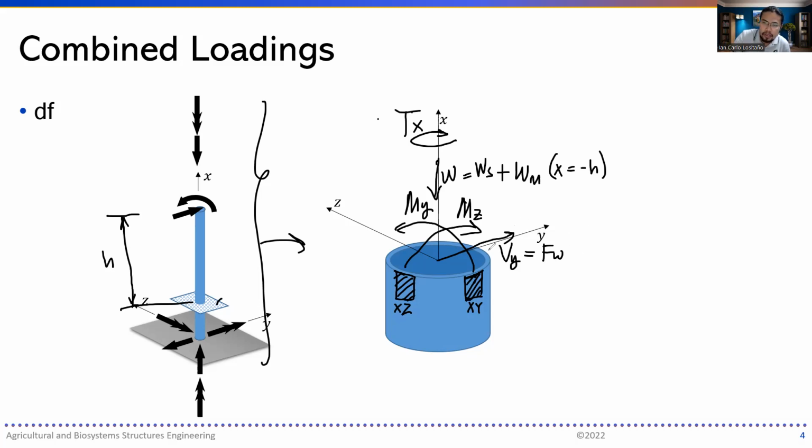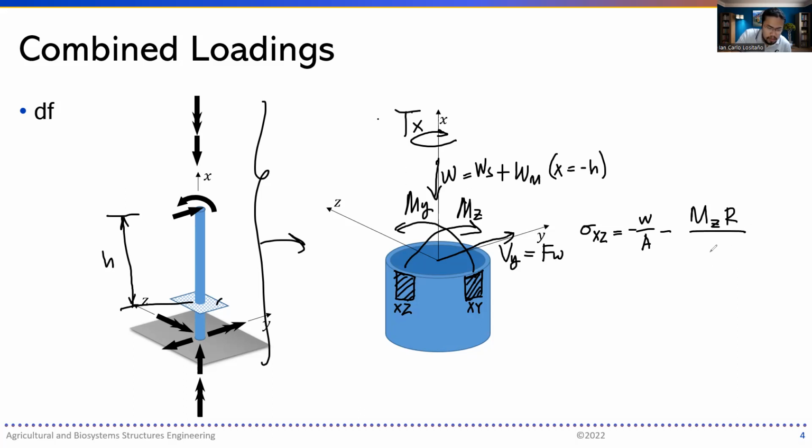For the plane XZ, we have sigma, that's the normal stress, ZX or XZ. You have the force, which is going to be negative W over A, where this is the area. And then you have a minus of the M times the Z times the R. What's the R? It's the radius.